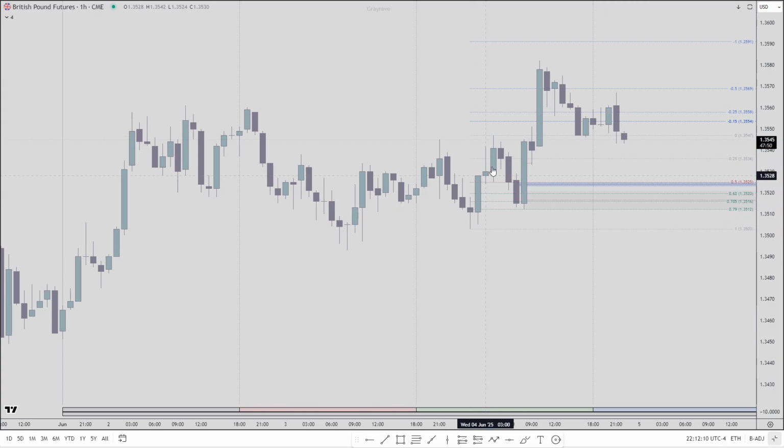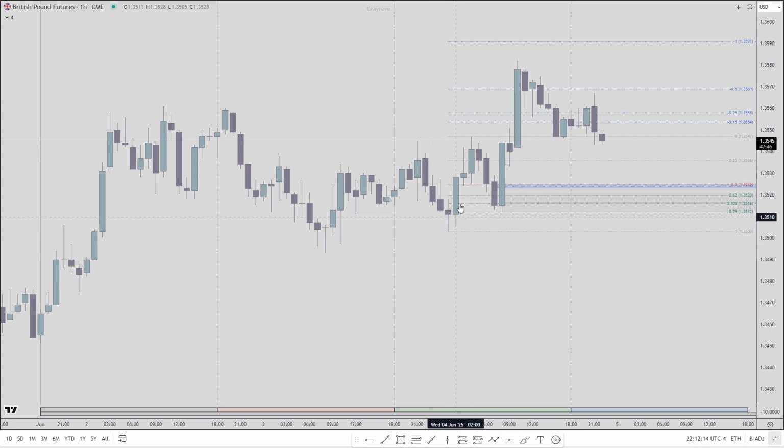This move higher, this move that formed the SMT low, projection higher, and then you would be looking at 0.5 as well, which is above Monday's high right here.